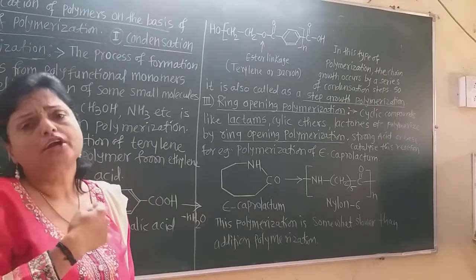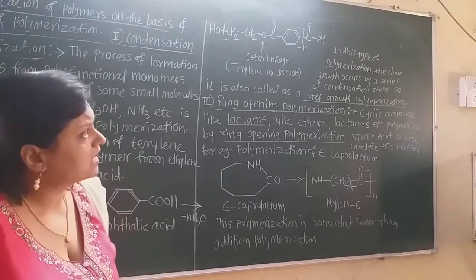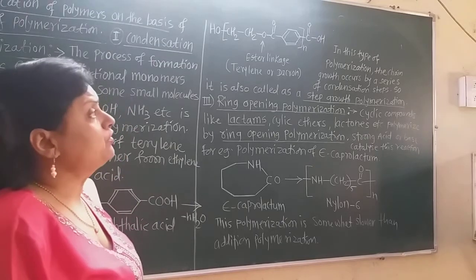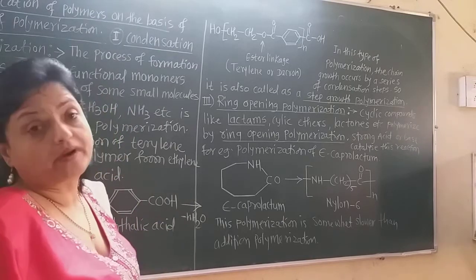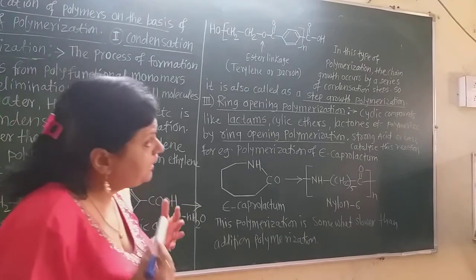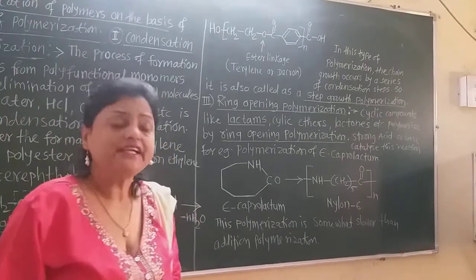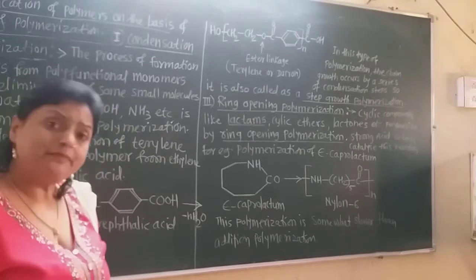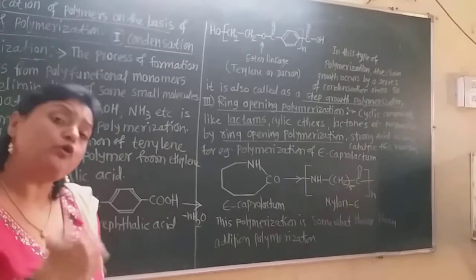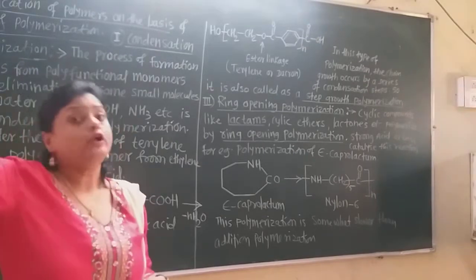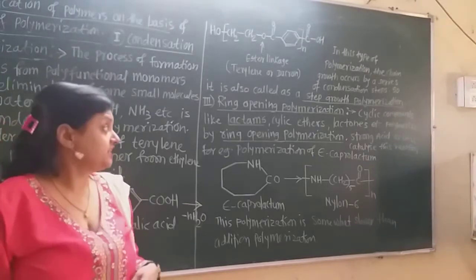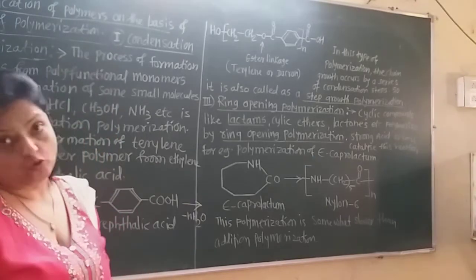So there are a number of condensation steps, and in this type of polymerization the chain growth occurs by a series of condensation steps, and it is also called step growth polymerization. Why is it called step growth polymerization? Because there are many steps of condensation, and from that there is the growth of the polymer, so this mode of polymerization is also called step growth polymerization.